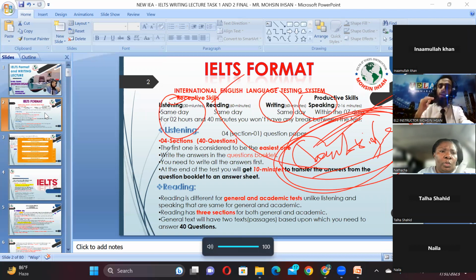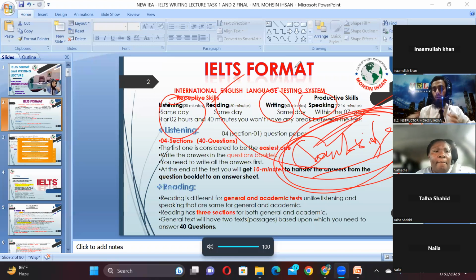If your level is average, meaning you feel like a 5.5 or 6 band student, then your level is not bad. Now here, you must go through a few books. The Cambridge IELTS books are from number 1 to 18.